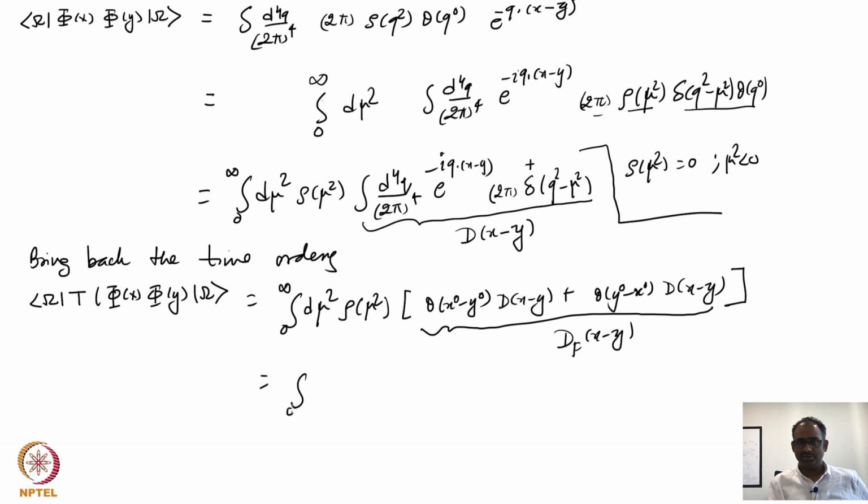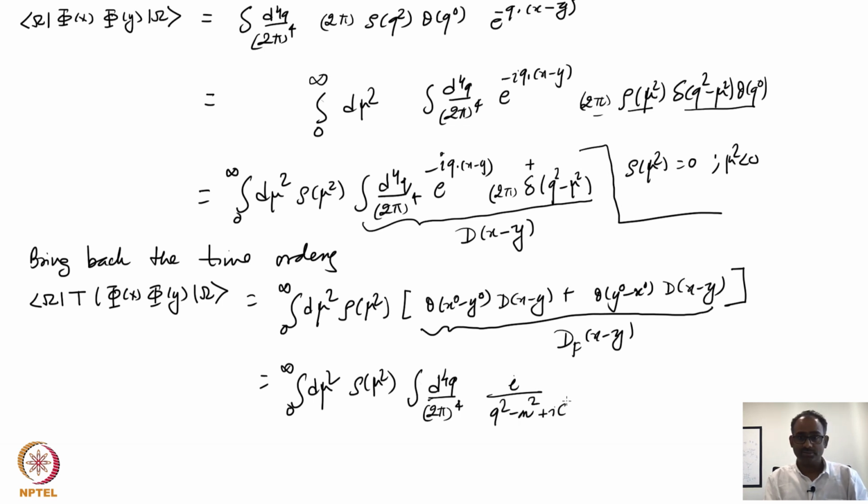This is integral 0 to infinity d mu square rho of mu square, and let us write down the expression of Feynman propagator. It is integral d4q, I am writing with q, over 2 pi to the 4, i over q square minus m square plus i epsilon, sorry, not m square.